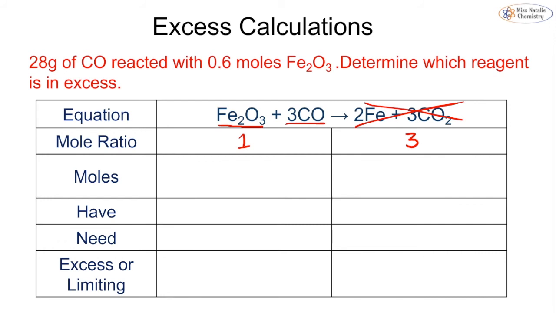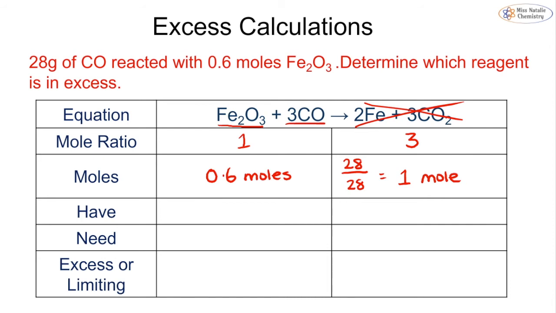So how many moles of each do we have? Well, we're told that we have 0.6 moles of the Fe2O3, and we need to determine for the carbon monoxide. I have 28, and my Mr is also 28, so I have 1 mole of the carbon monoxide.